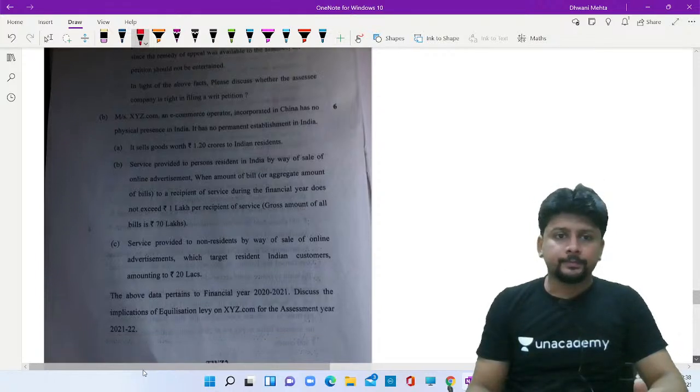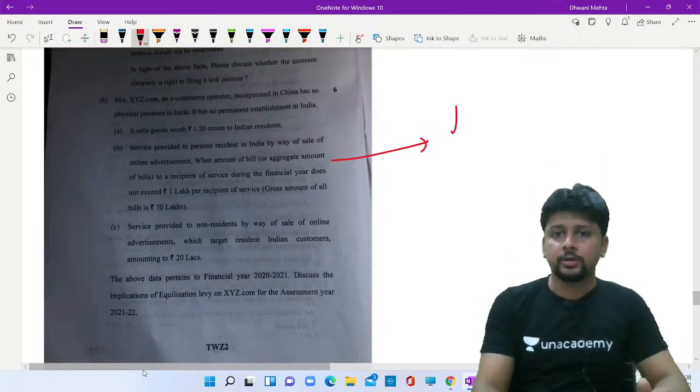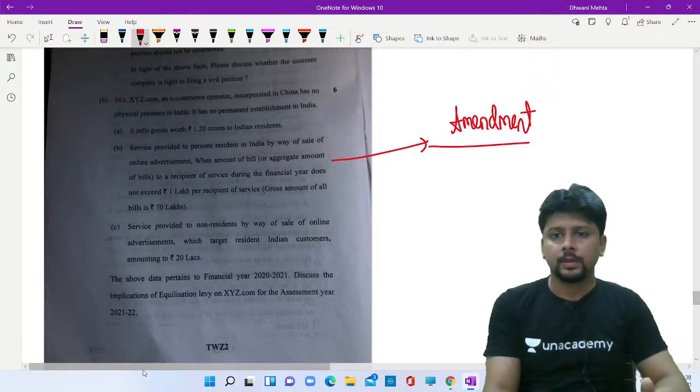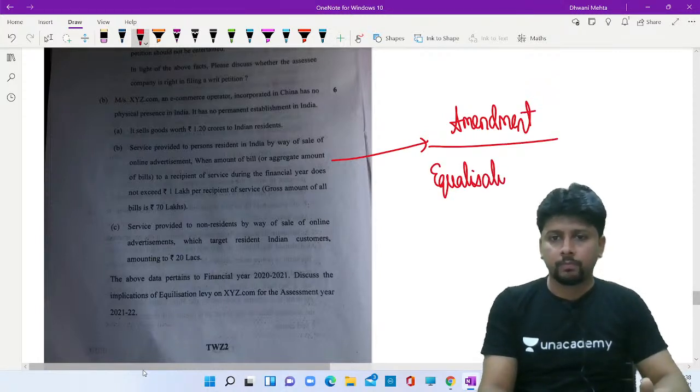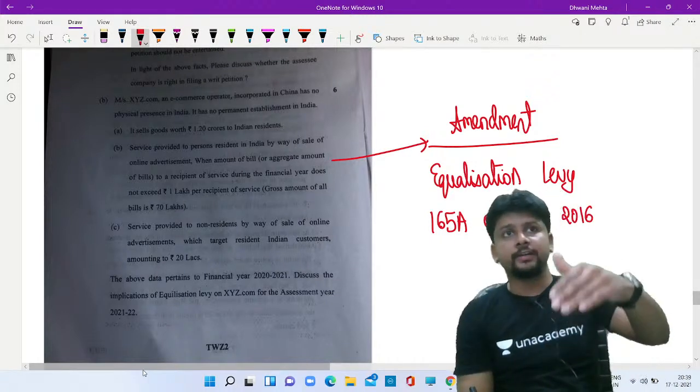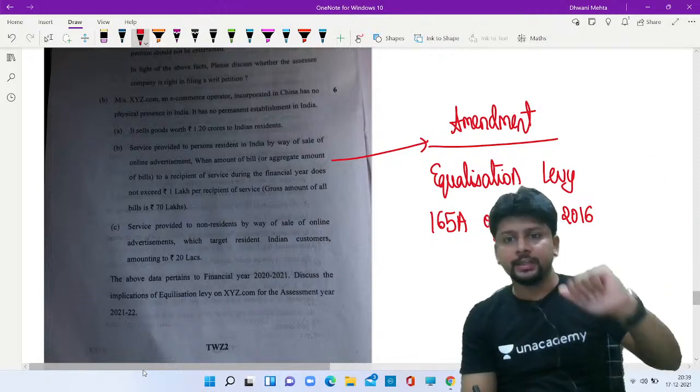Part B, again a question based on amendment. In the concept of equalization levy, a new section was introduced, 165A of Finance Act 2016. Equalization levy is imposed by Finance Act 2016.